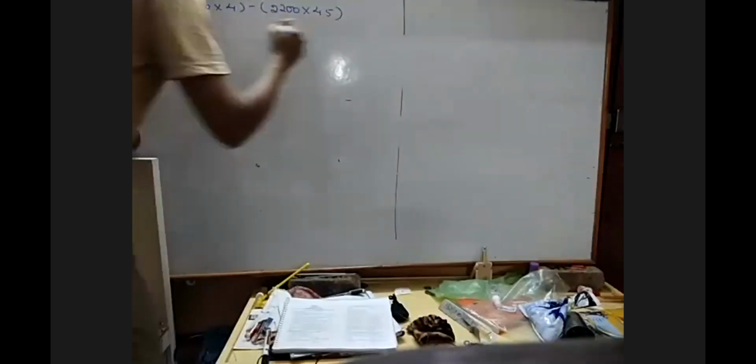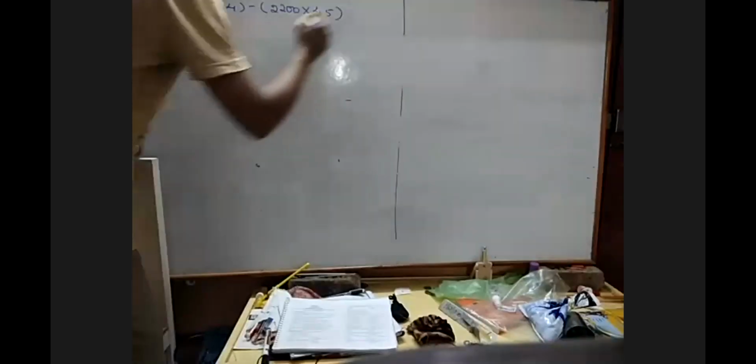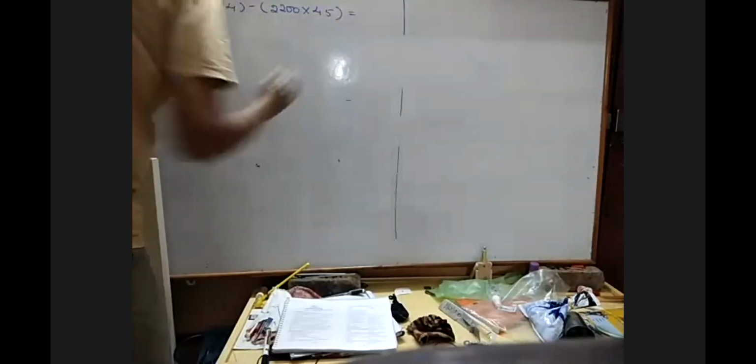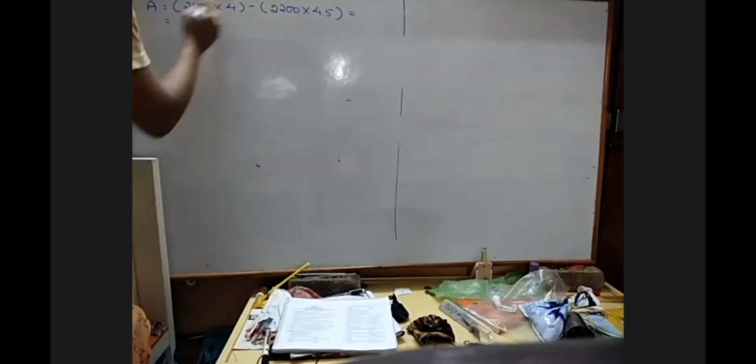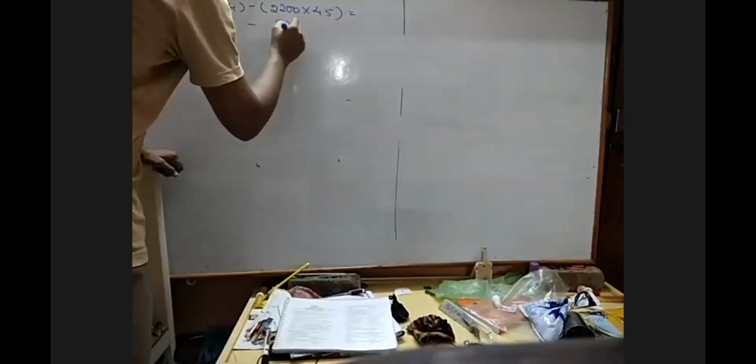Can somebody answer this? It will be 8,400 minus 9,900. So the resultant amount will be negative, minus 1,500. Done. Yes, sir.